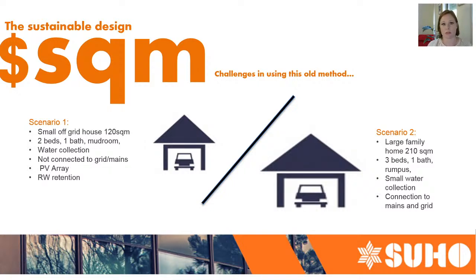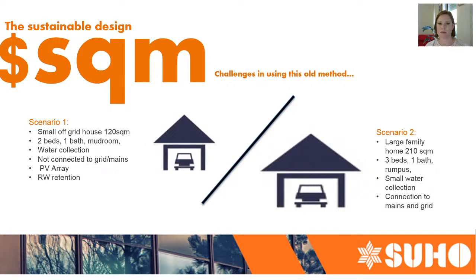If it's off-grid, it might be in the hills where they've got orchards and are washing fruit. They might definitely want water collection, more than likely a lot of it. Not connected to the grid or mains, they would definitely have a PV array and rainwater retention as well, maybe rain gardens.